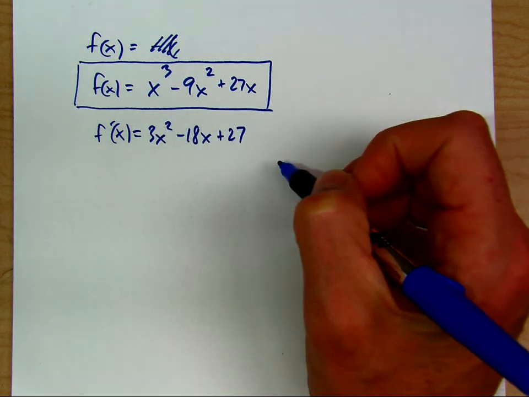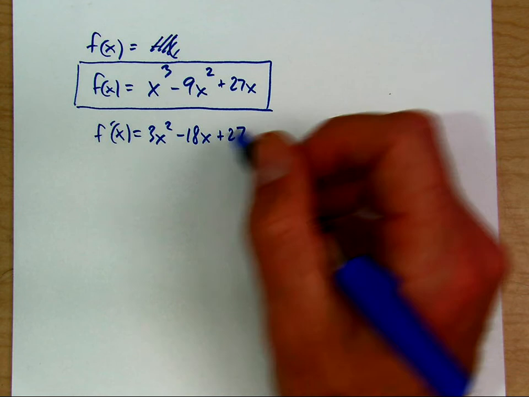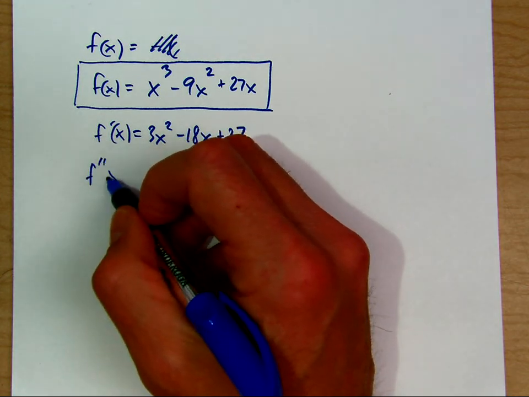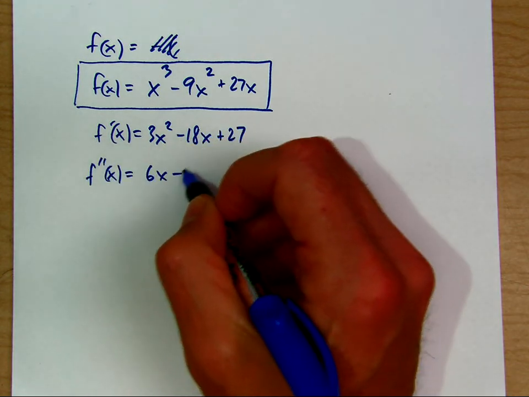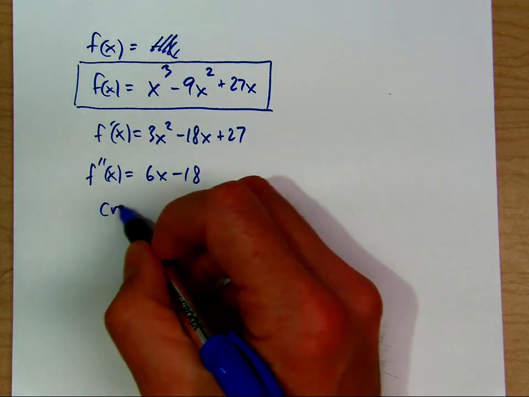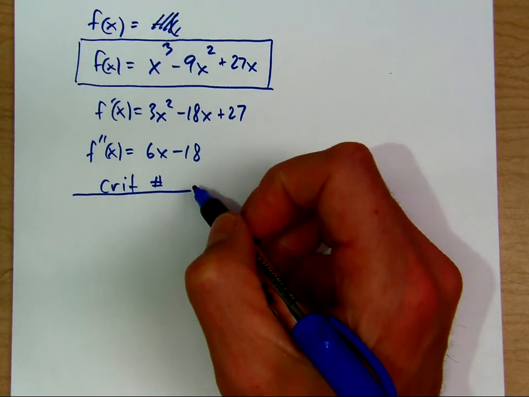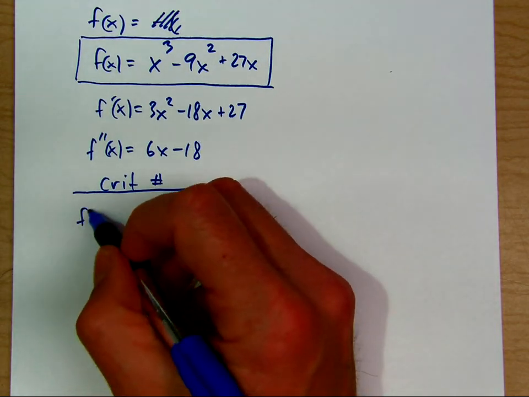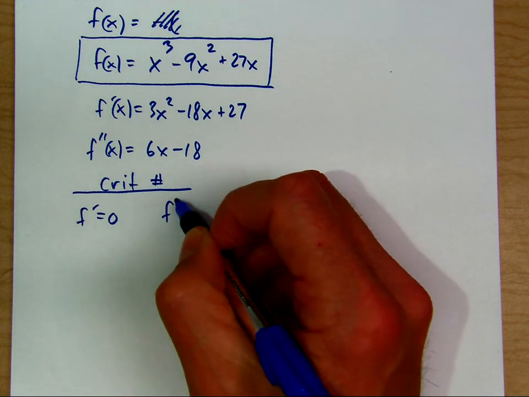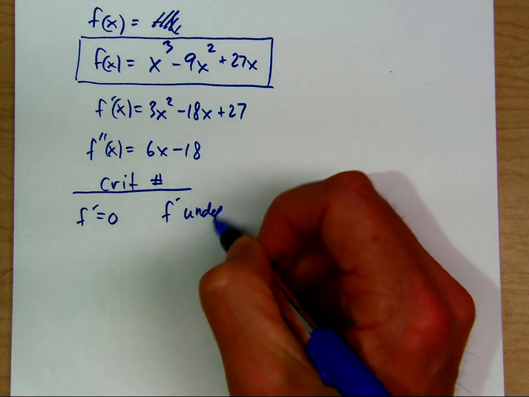So we need the first derivative, and we will use the second derivative later. We need to find the critical number. Critical number is when f prime is 0 or f prime is undefined.